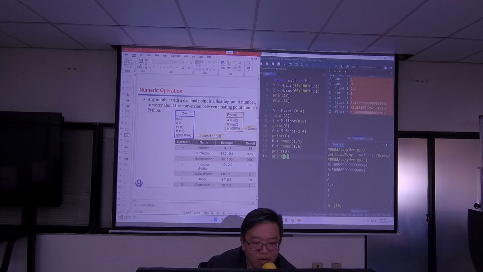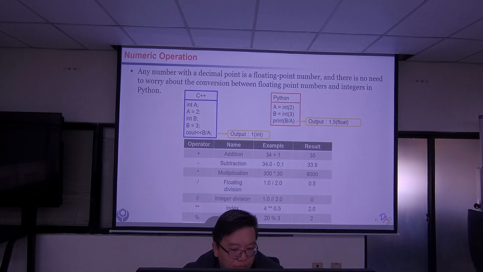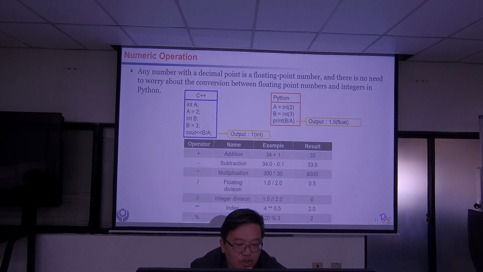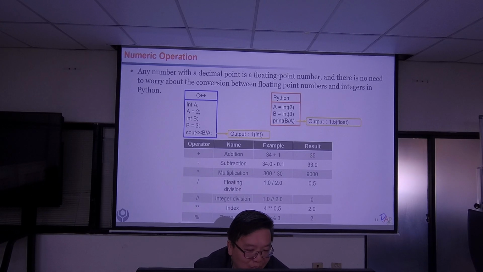Okay. Now I want to get back to the PowerPoint, and let you know some of the not so obvious operations that can be done in Python. So plus and minus are very easy to understand.